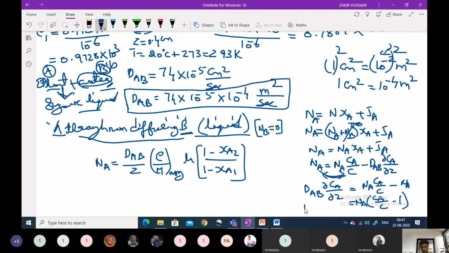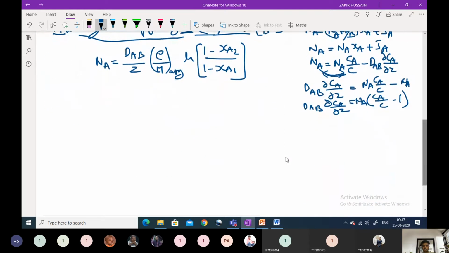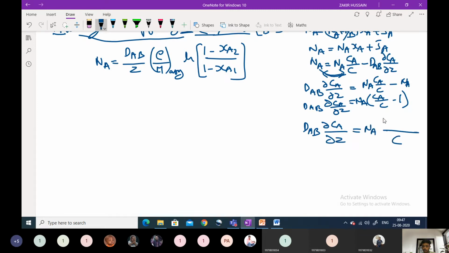Here the same left-out term is DAB dou Ca by dou Z. So DAB dou Ca by dou Z is equal to Na, and we can take C common here: C into Ca minus C.